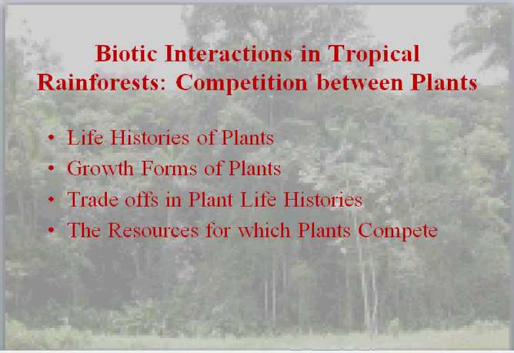We'll take a look at the growth forms of these different plants, which fit in with their different life history strategies. We'll take a look at some of the trade-offs which inevitably result from these different growth forms, which are in response to the different life history strategies, and finally we'll take a look at some of the resources for which plants compete, and in particular what plants compete for in a tropical rainforest.